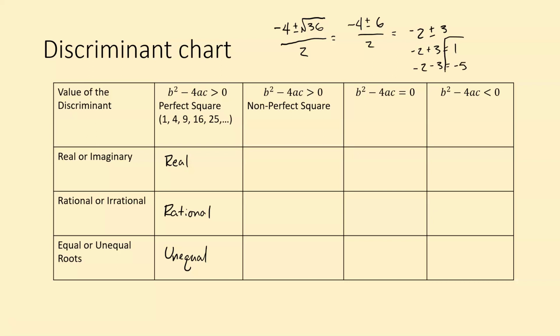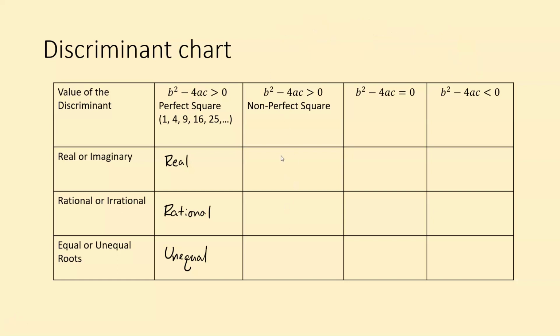So we have 2 different roots here, and they're both real numbers, right? 1 and -5 are real numbers. They're both rational, they're integers, and they're unequal. 1 does not equal -5. And that'll be true for any quadratic where the discriminant is greater than 0 and a perfect square.